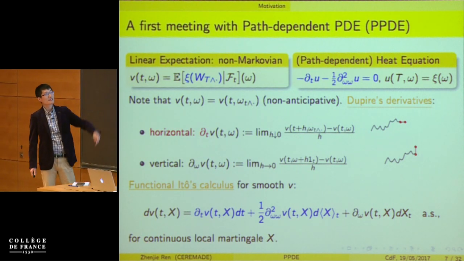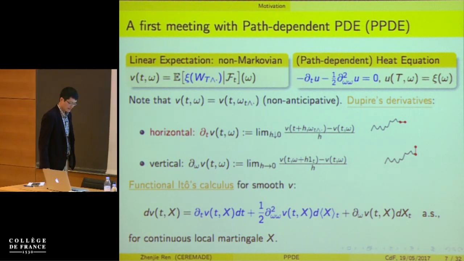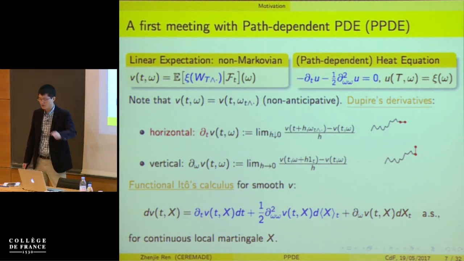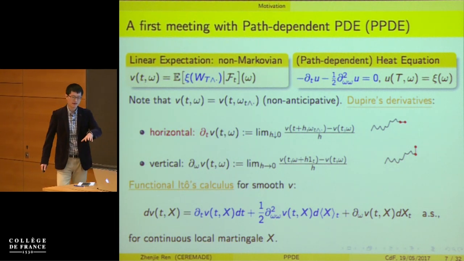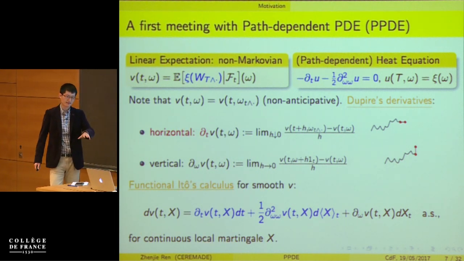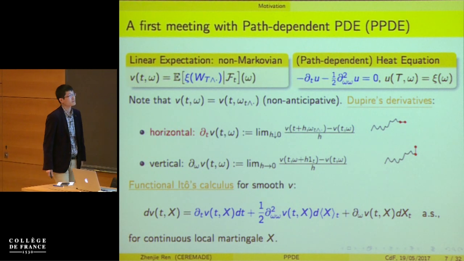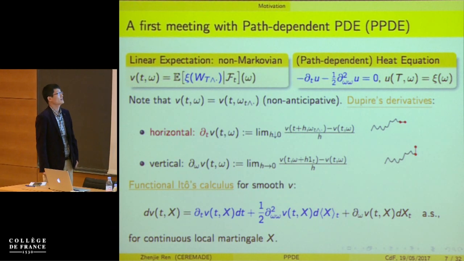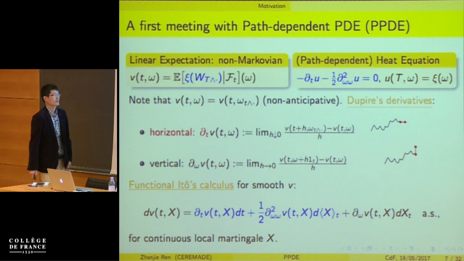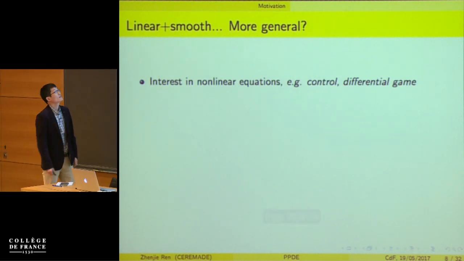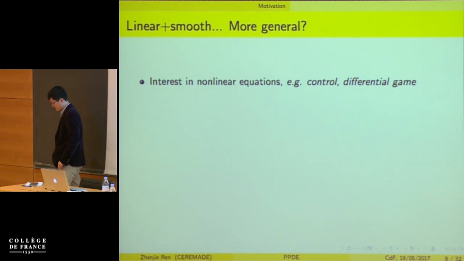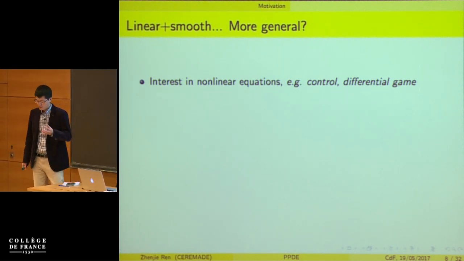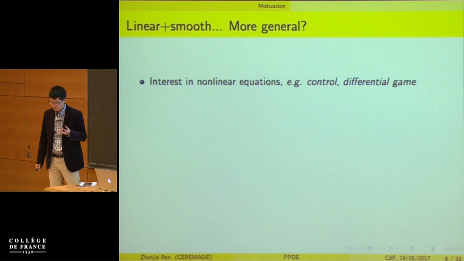Formally, it's exactly the same as the classic heat equation. You just replace the t derivative by the horizontal derivative, and replace the x gradient by the vertical gradient.